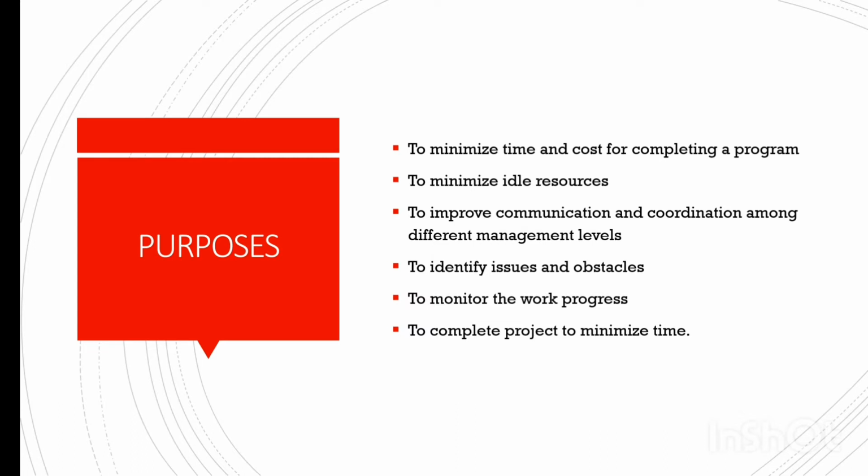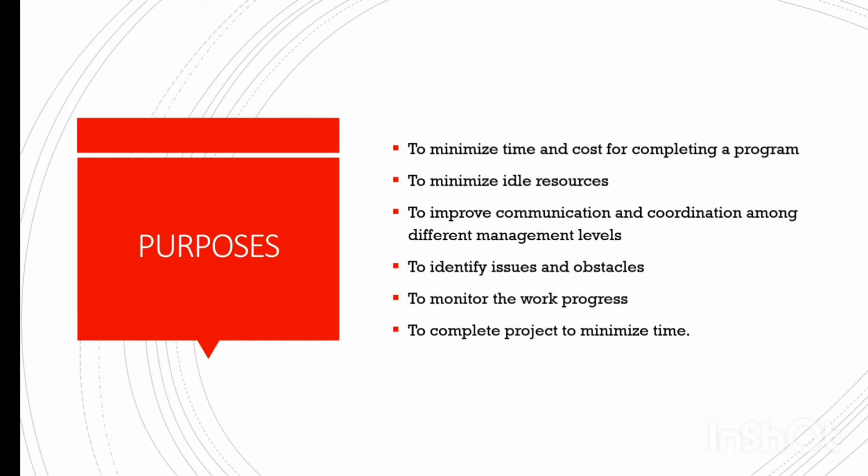Periodically we can monitor the work progress, because there are critical pathways and non-critical pathways, so very easily we can monitor that. Then to complete the project in minimum time. With the minimum time we can complete the task. These are all the purposes of program evaluation and review technique.